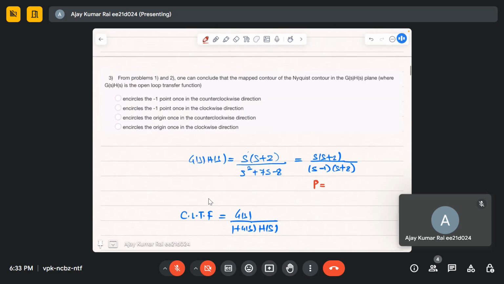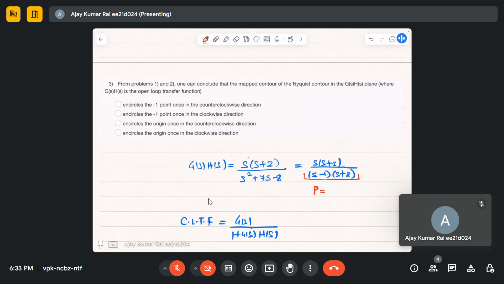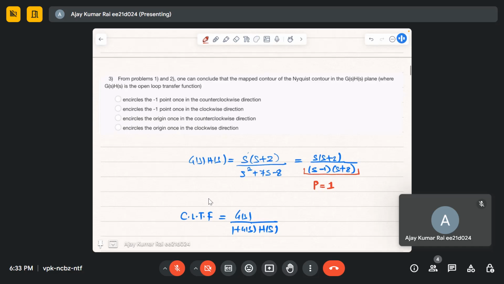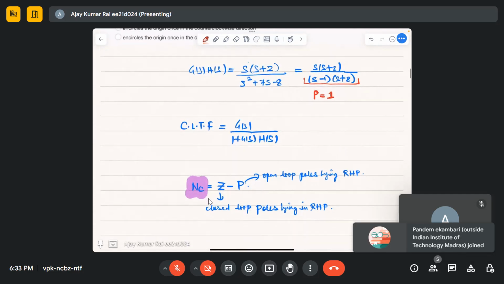If you see the denominator of the open loop transfer function, these are the poles. How many poles are lying in the right half plane? You can see one pole, s equal to 1. Only one pole is lying in the RHP because s equal to -8 is lying in the left half plane. Okay, P is equal to 1.